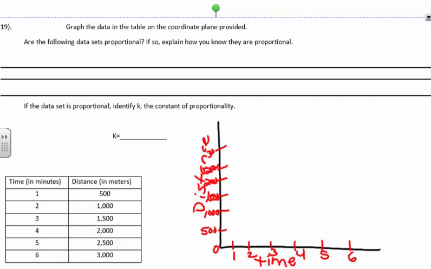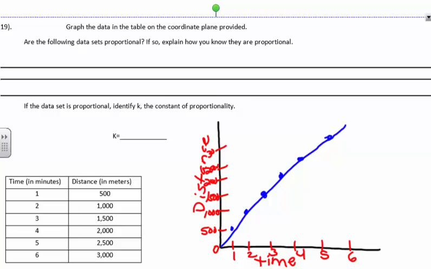And when we graph it, 1 goes to 500, 2 goes to 1,000, 3 goes to 1,500, 4 goes to 2,000, 5 goes to 2,500, and then 6 goes to 3,000. So when we graph it, it looks as if it goes through the origin and it is linear.